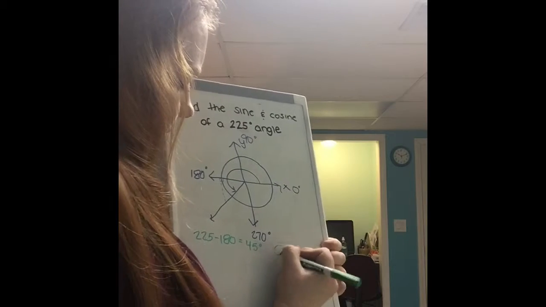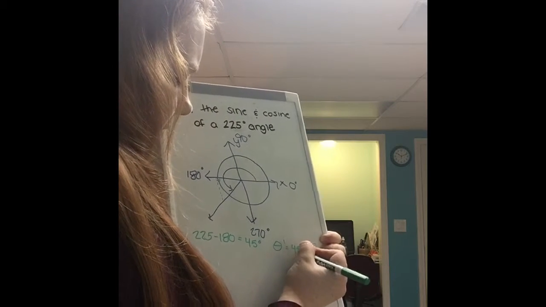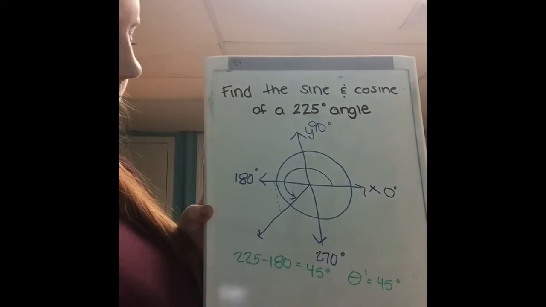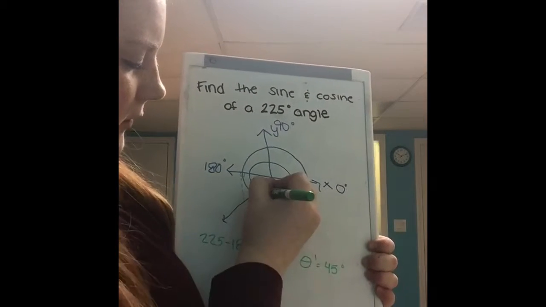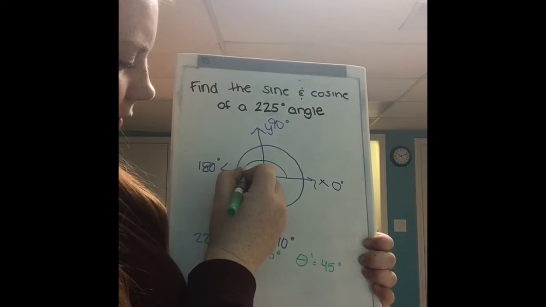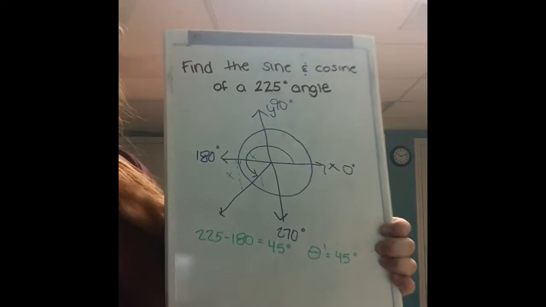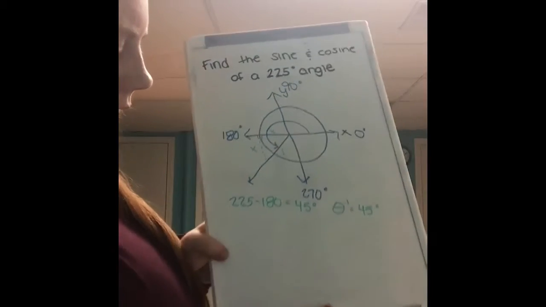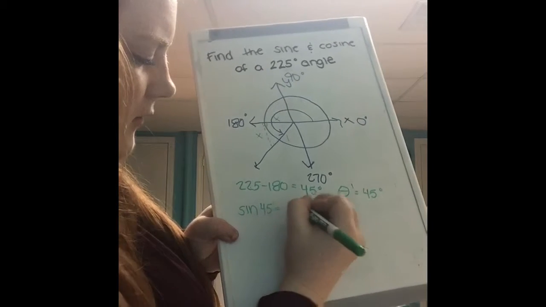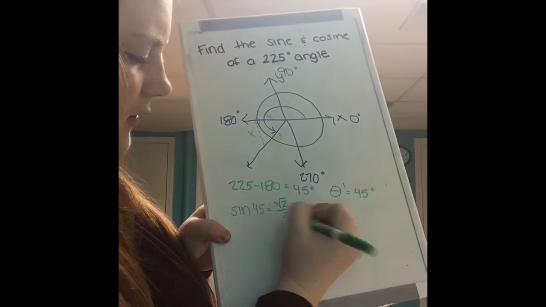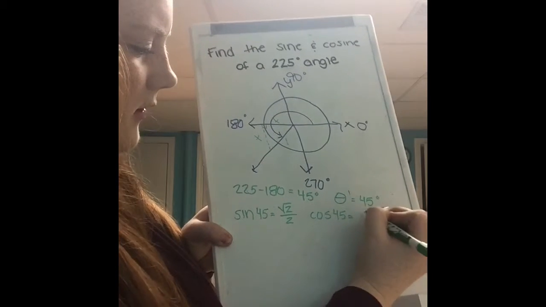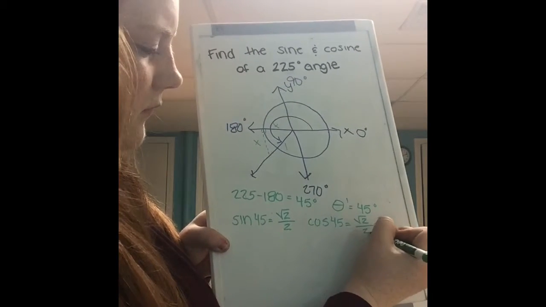So we know that the reference angle equals 45 degrees. Now, after just learning about 45-degree angles, we know that this is 1, this is x, this is also x. If we remember back from the other one, the sine of a 45-degree angle is root 2 over 2, and the cosine of a 45-degree angle is also root 2 over 2.